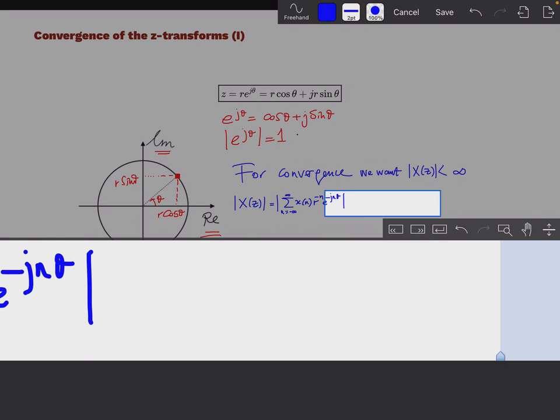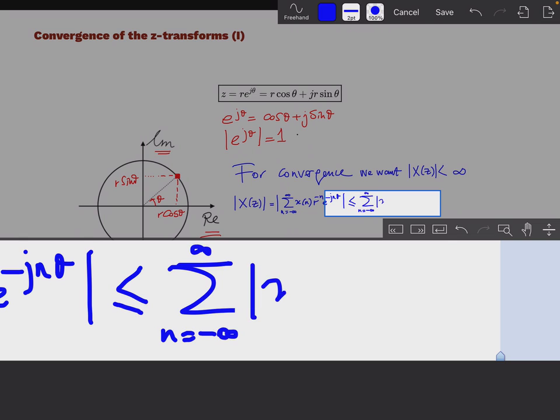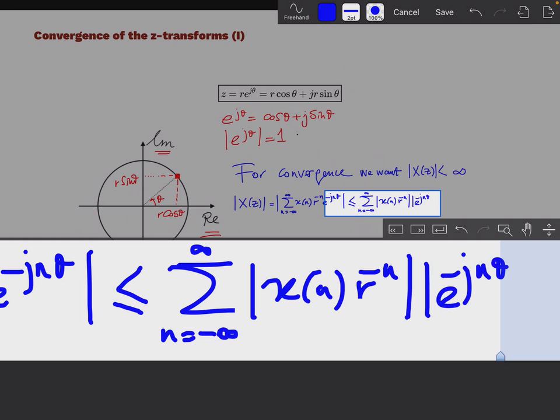Now from triangle inequality, we can just write down the upper bound for this sum as the sum of absolute x of n, r to the power minus n, e to the power minus j n theta.